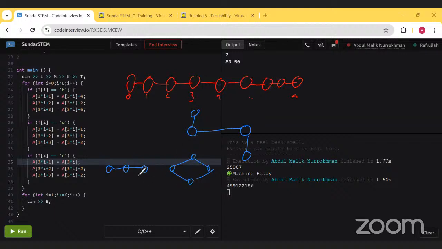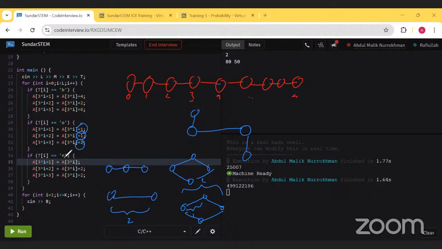Okay. So if the curve is just a line, then the length is 2. And if the curve is like this, then the length is also 2. So the length here is just 1. Okay. So that's why if O, this is +1 and +2.